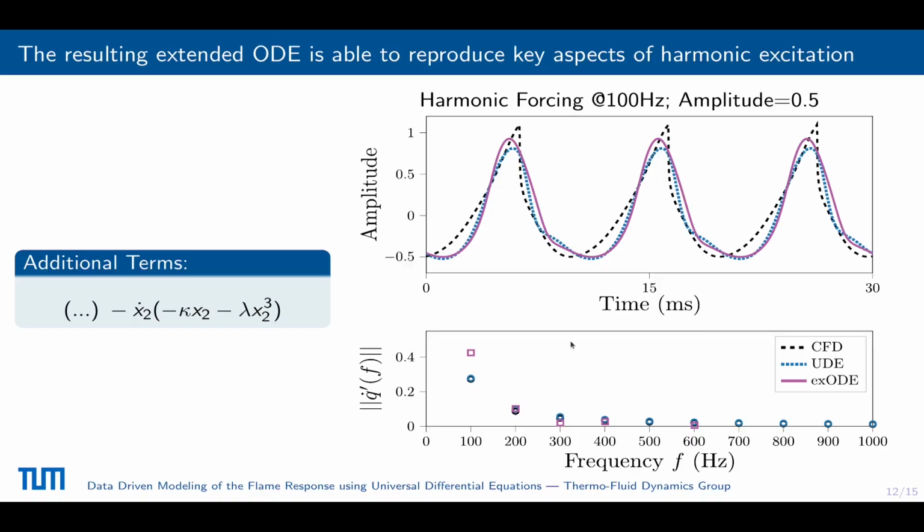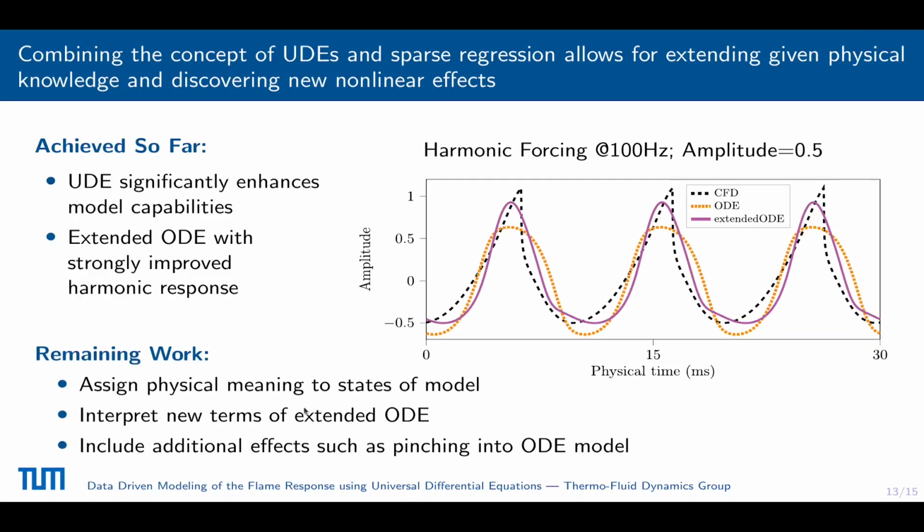It is significantly richer in its harmonic contributions, and therefore the output is significantly more nonlinear. This becomes especially evident when we compare the output to harmonic forcing of our extended ODE with the output of our baseline ODE, so where we all started from. And you can see that the extended ODE has now a strongly improved harmonic response.